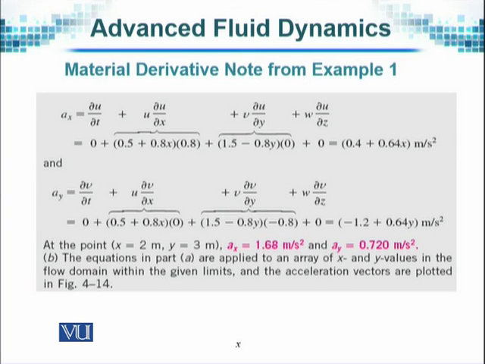So you can see, the x component of acceleration is the partial derivative of u with respect to t, plus u into the partial derivative of u with respect to x, plus v into the partial derivative of u with respect to y.